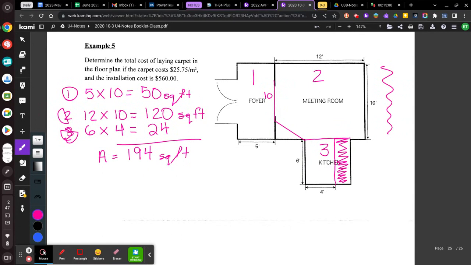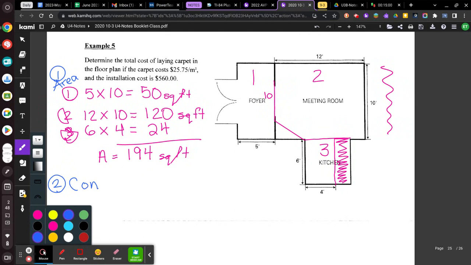Step one was find the area of all three objects and add them together. Step two is going to be converting. We got to convert units. So we are going to convert from square feet to meters squared.